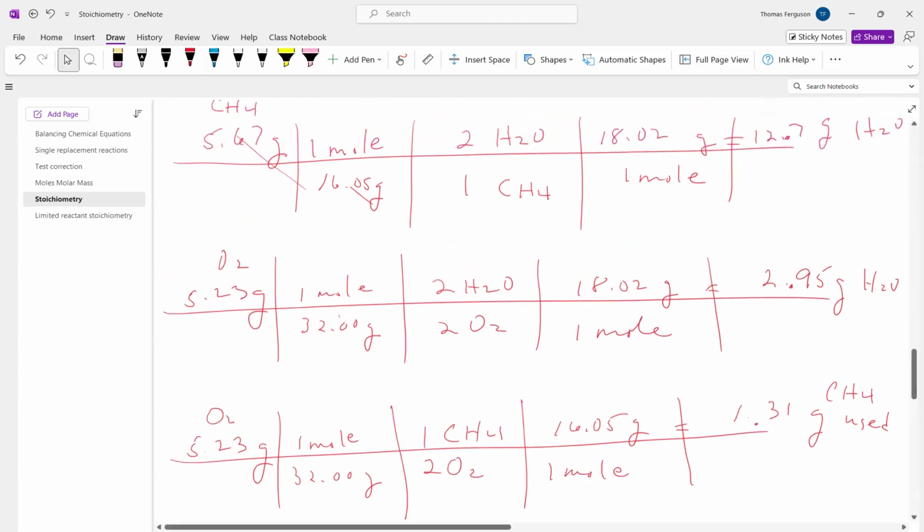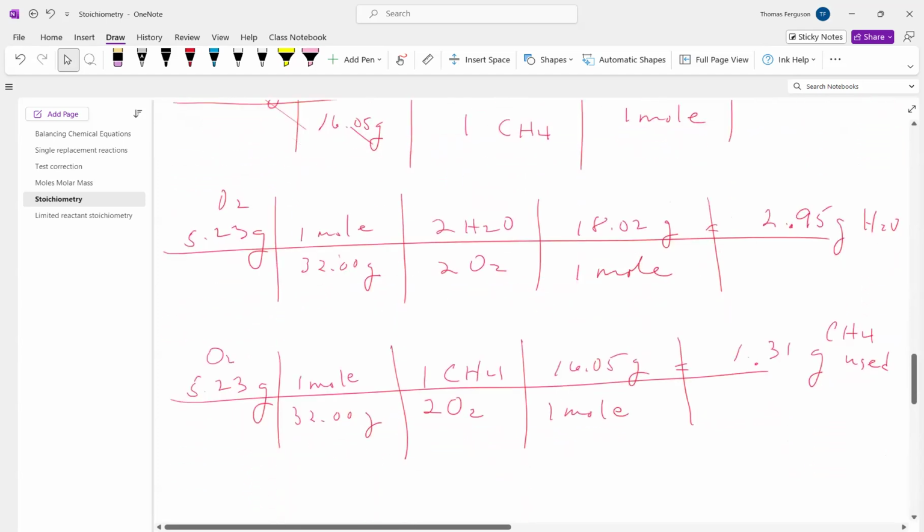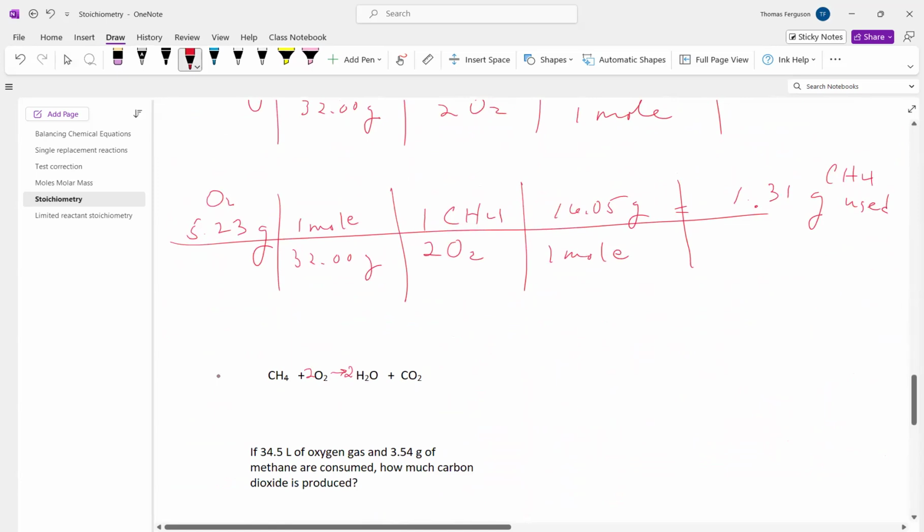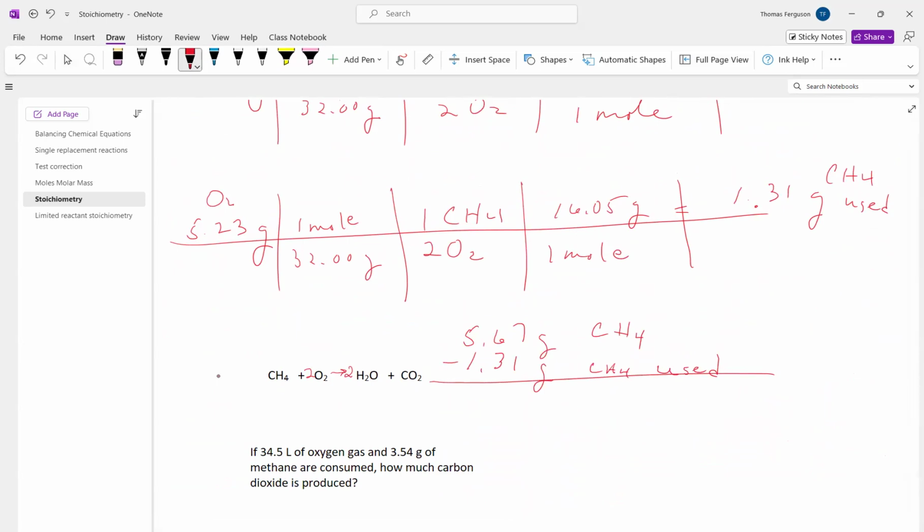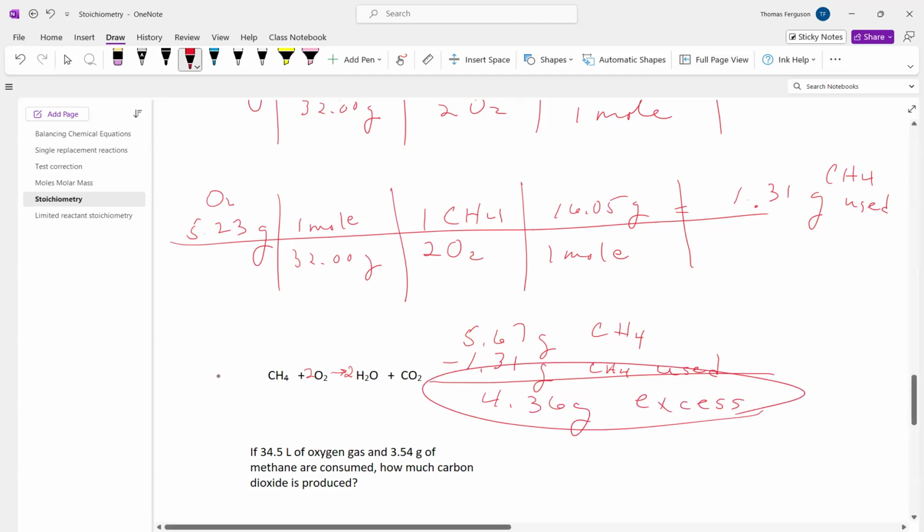The next calculation: we started with 5.67. We have 4.36 grams of excess methane.